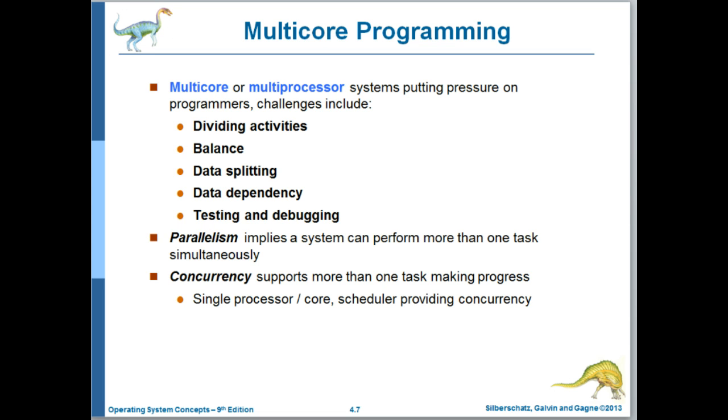So concurrency is possible on single core systems in which the CPU scheduler multiplexes between the various processes. So the execution of the processes is interleaved rather than the first process running to completion followed by the second process running to completion, etc.